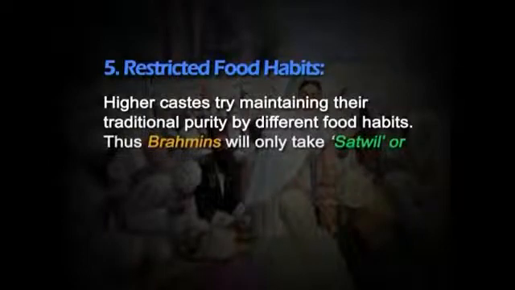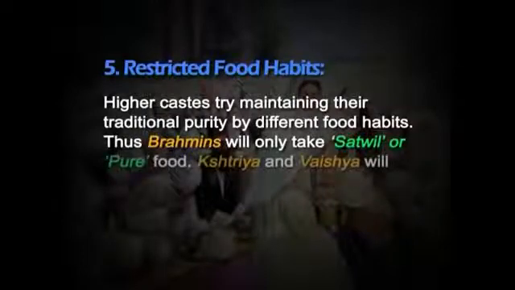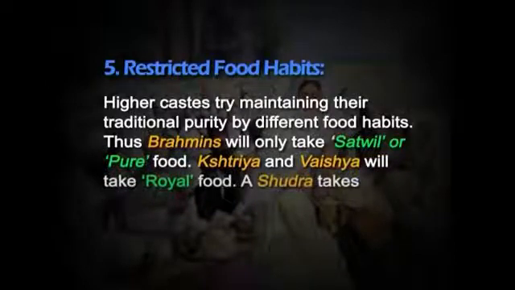Number 5. Restricted food habits. Higher castes try maintaining their traditional purity by different food habits. Thus, Brahmins will only take sattvic or pure food. Kshatriya and Vaishya will take royal food.